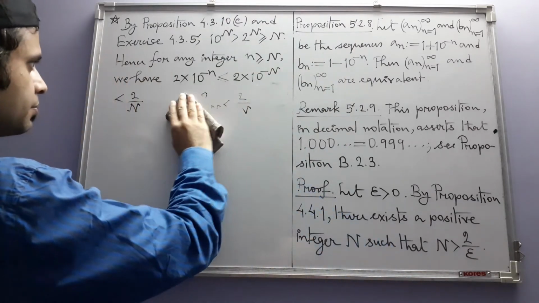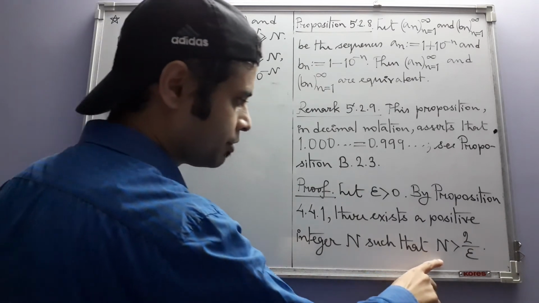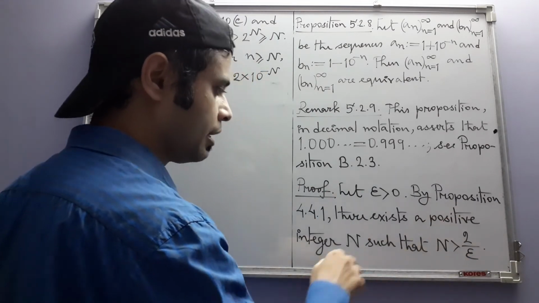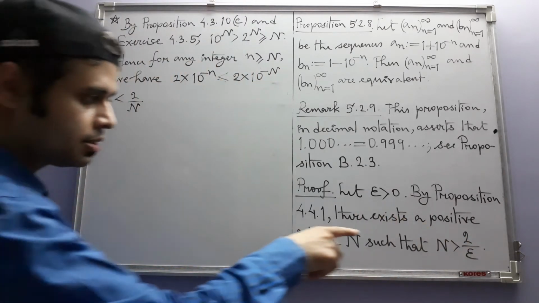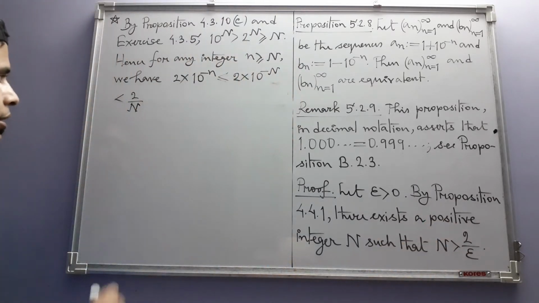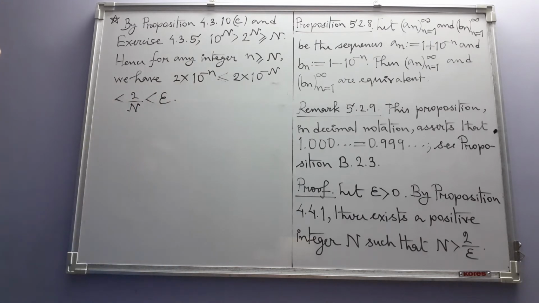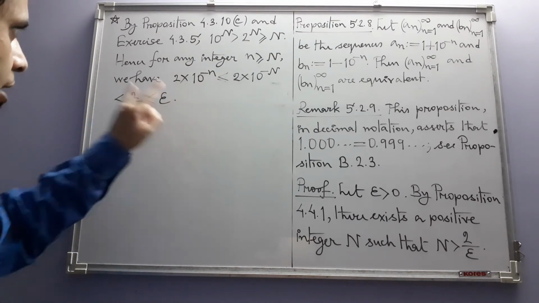Okay. And now you look at this inequality. If you divide both sides by N, you have 2 divided by N, and multiply both sides by epsilon, you have epsilon. So from this you get the fact that epsilon is greater than 2 divided by N. Okay, so this turns out to be less than epsilon.